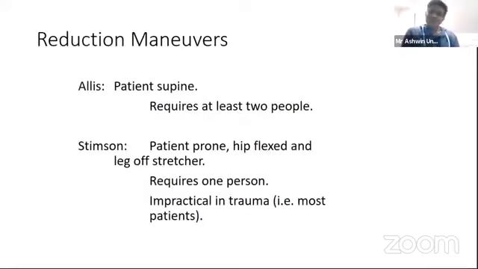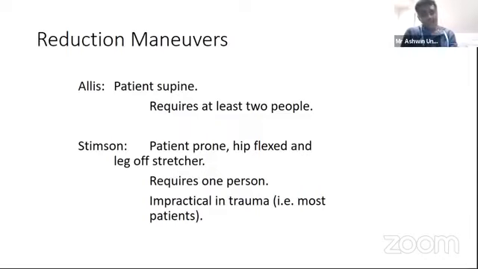Reduction maneuver, normally it requires 2 people. There are 2 techniques, supine and prone. I'm not going to go more on that. I've always done the supine maneuver, but there is a prone maneuver also. The prone maneuver, I don't think it is the greatest maneuver, because you have to appreciate these patients have got other injuries. The anesthetist will start getting nervous if you have to put the patient prone, and so on and so forth.